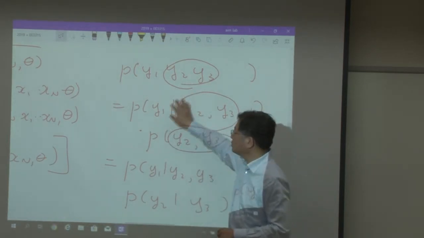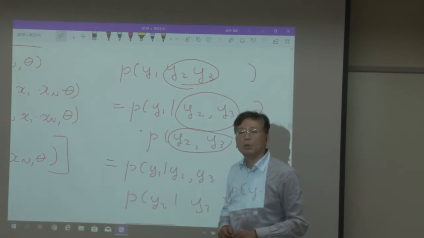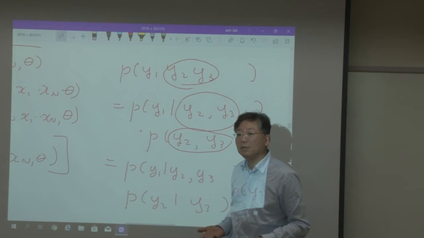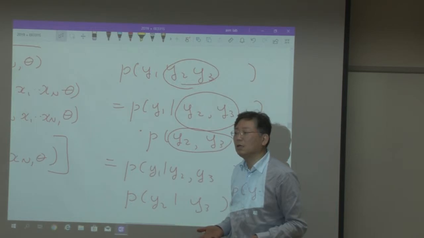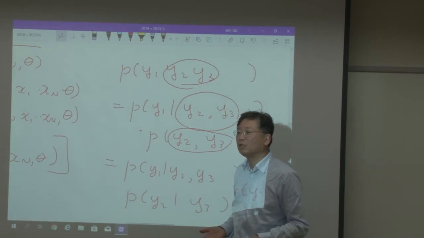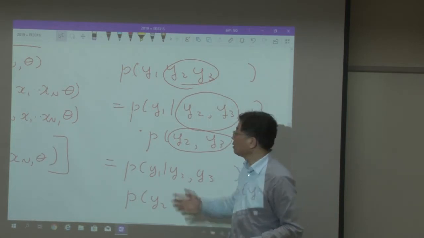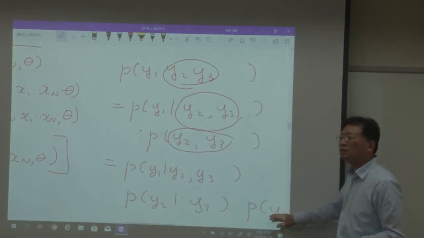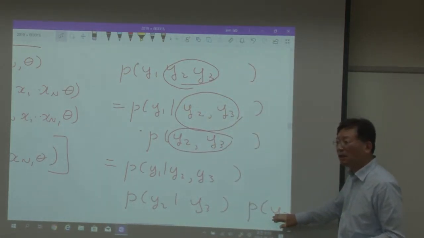But all of this was performed given some world. What world? World of x1, x2, x3, theta. What do I mean by that? Everyone understand that this is easy.